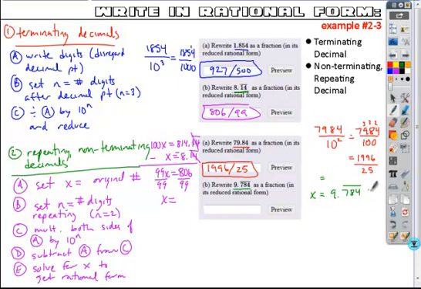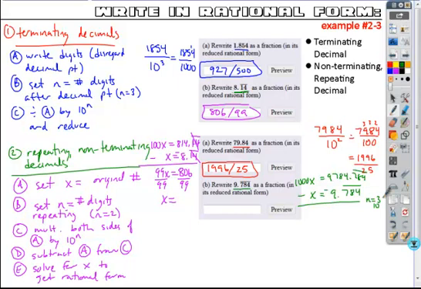Okay, and then I'm going to establish the number of digits. My n value is 3. So I'm going to take 10 to the third, and that's 1,000. I'm going to multiply both sides of this equation by 1,000, and I'm going to write that new value above. So here I get 1,000x. And here when I multiply by 1,000, that decimal point gets moved over 3 spaces. And then the repeating digits of 784 continue.